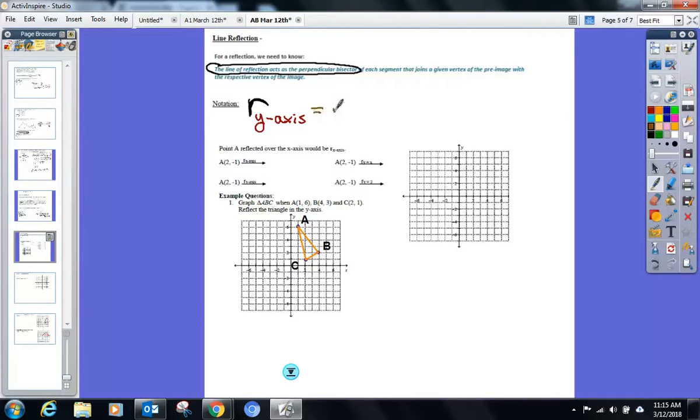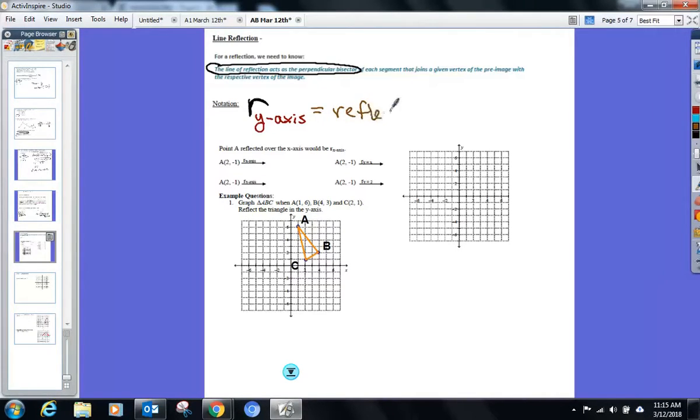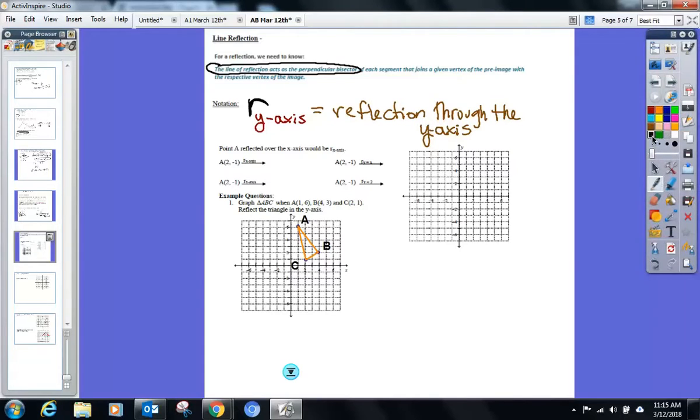This tells me it is a reflection through the y-axis. So you will see the lowercase print r, which tells me it's a reflection. Then you will see something below that tells me where to reflect through.